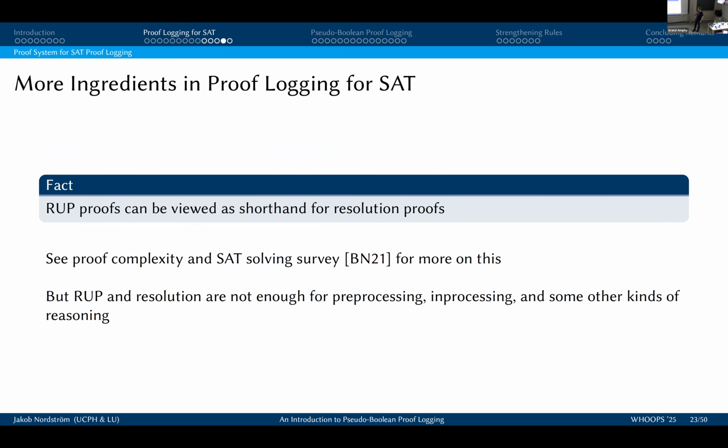And this is actually all the same, because reverse unit propagation proofs, if I just list the sequence of reverse unit propagation clauses, are actually just a shorthand for a resolution derivation. If you want to know more about this, there's a survey I wrote together with Sam Buss, which is in the Handbook of Satisfiability. So basically, for the basic conflict-driven clause-learning search, all you need is the resolution proof system, or even just the concept of reverse unit propagation to write proofs.